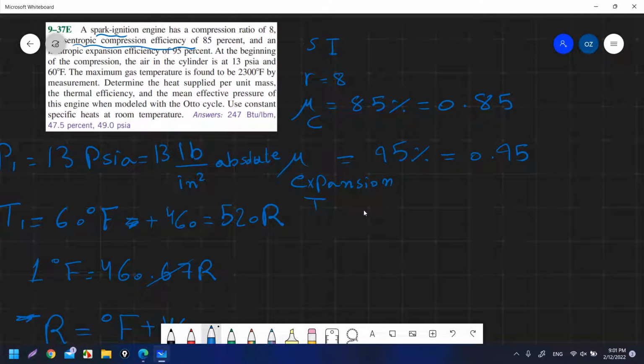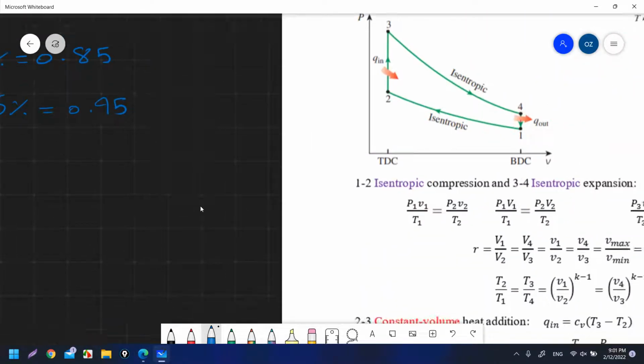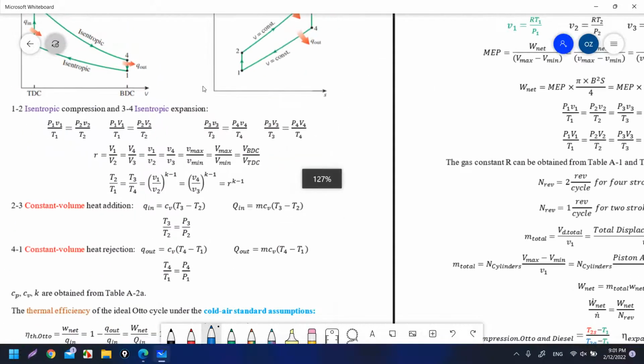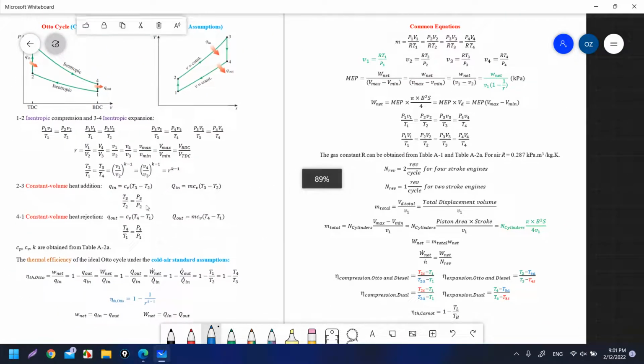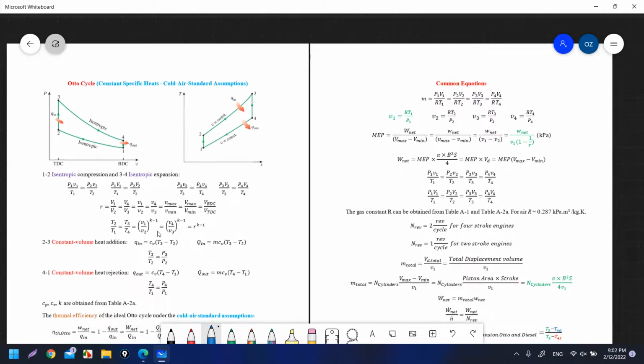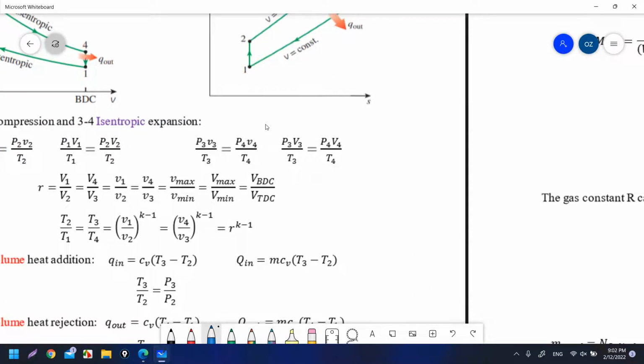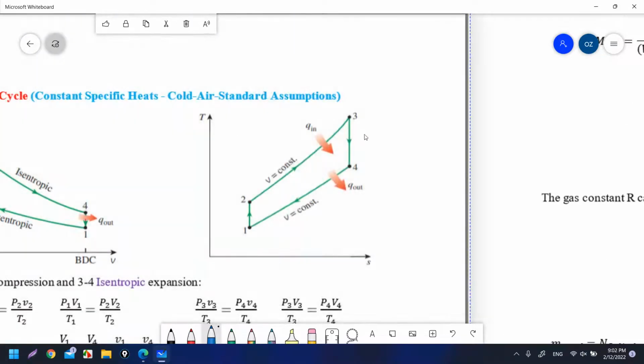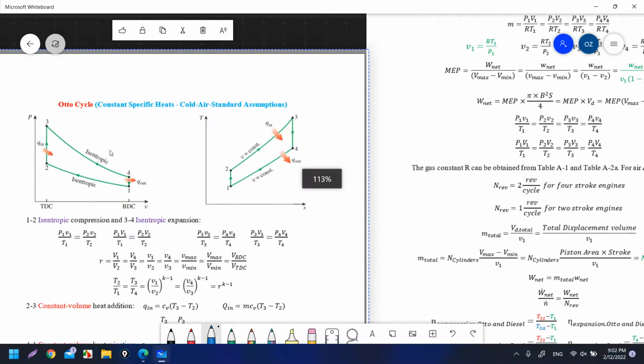The maximum gas temperature is found to be 2300 Fahrenheit. So where is the maximum temperature in the TS diagram? You can see here it is state 3, the highest temperature.